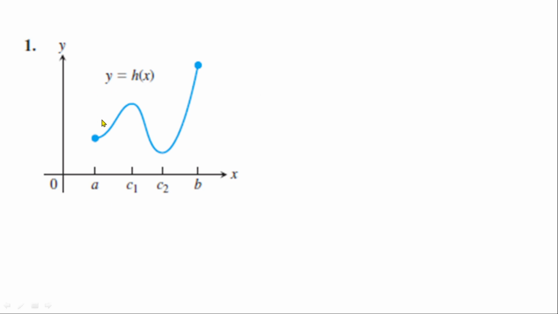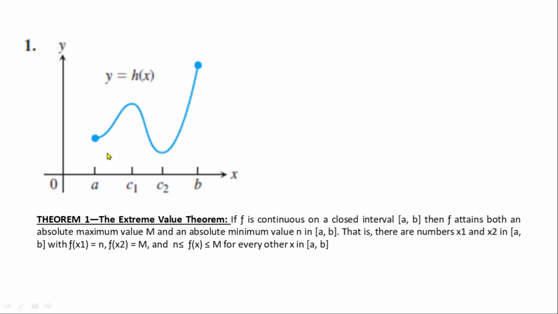This is the first example. First, let us see what the extreme value theorem 1 is. If f is continuous on a closed interval a to b, then f attains both an absolute maximum value M and an absolute minimum value n in the closed interval a to b.